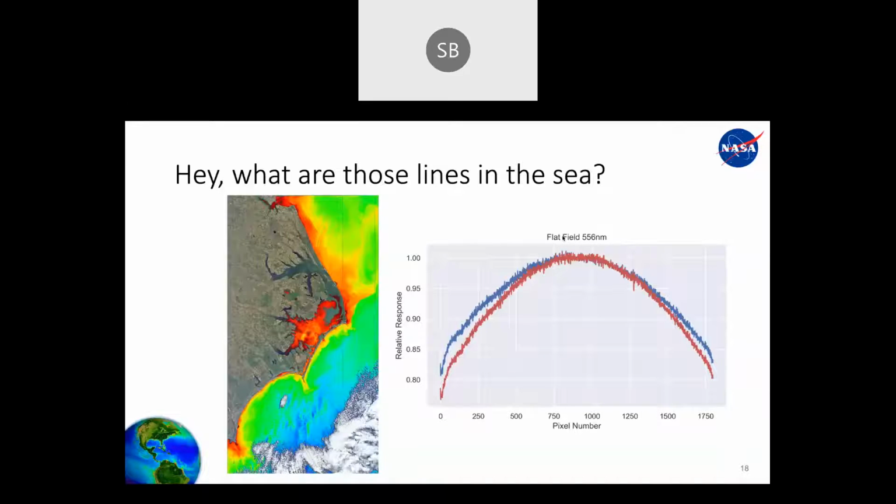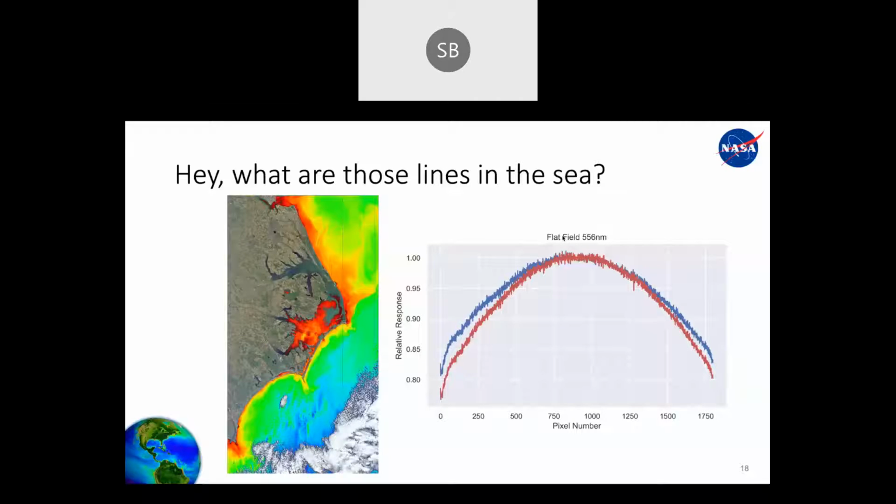Because it was built quickly and it's small, we don't have much of a windshield, and sometimes dust particles will fall onto the sensors. If a dust particle falls over and obscures one of the pixels in that CCD array, it will be translated into a line that shows up in the data.